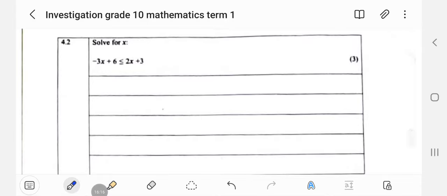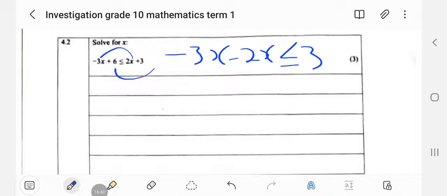Step number 1, we need to make sure that the x terms are on the left and the constants are on the right. So it's minus 3x. This 2x jumps and becomes minus 2x, and we have the inequality. We have 3 here. This 6 jumps and becomes minus 6.